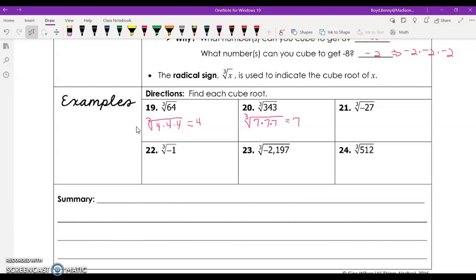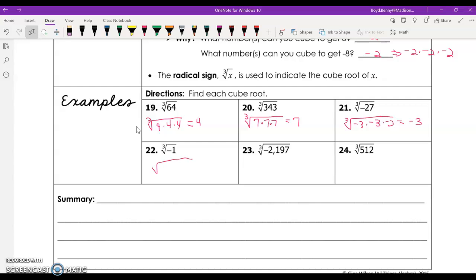Here we go, the cube root of negative 27. Okay, the cube root of negative 27 is going to be negative 3 times negative 3 times negative 3. Therefore, the cube root of negative 27 is just negative 3. Can you guess this one? The cube root of negative 1.